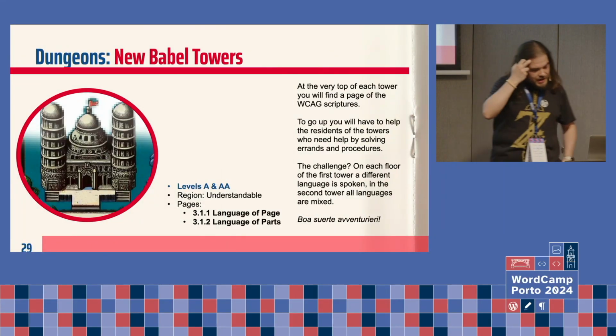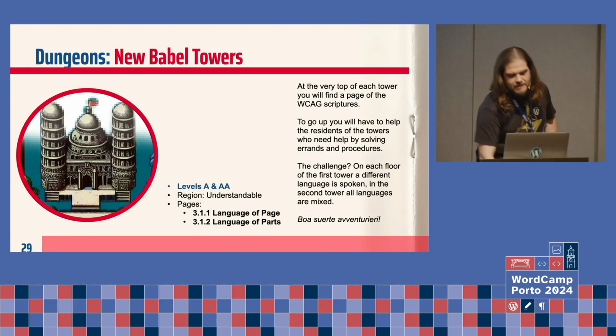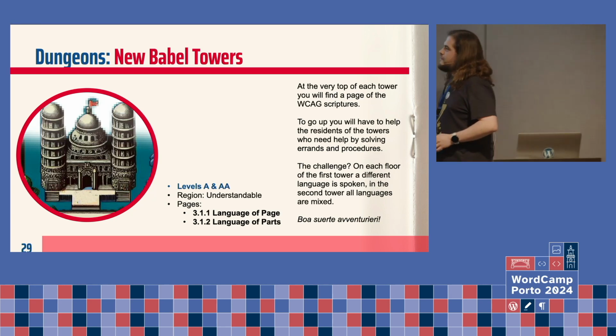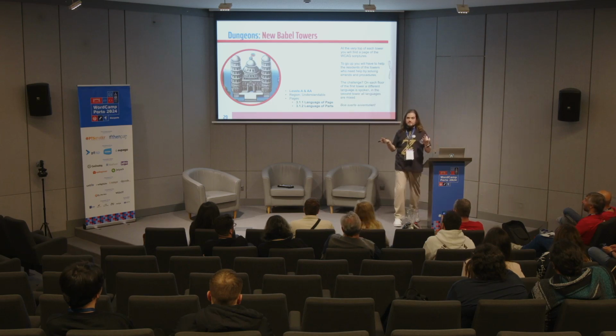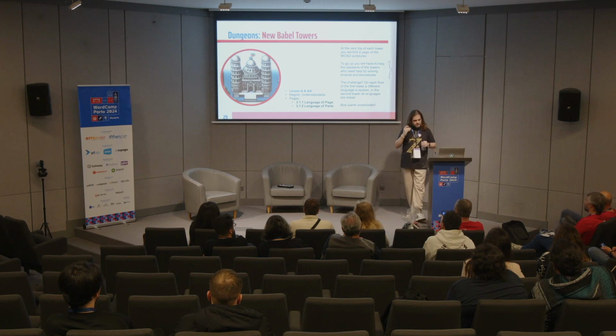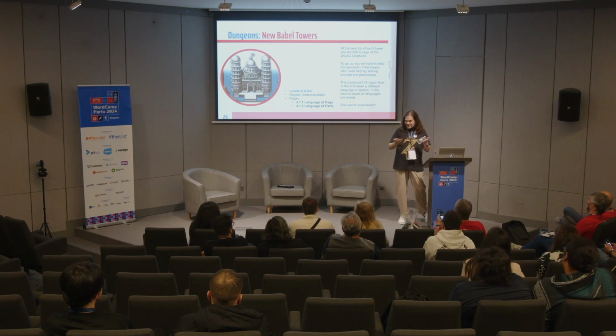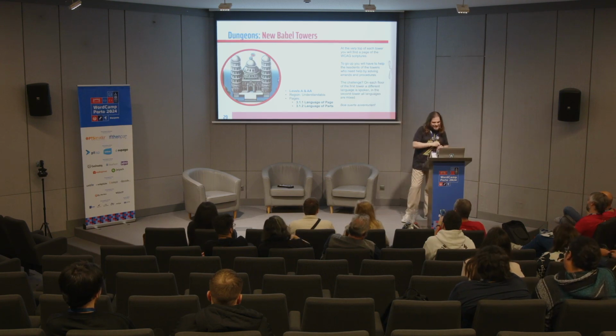Another dungeon are the new Babel Towers. At the top of those towers, you will find the WCAG pages. There are no enemies, but there are inhabitants there, and you have to help them in order to go up.